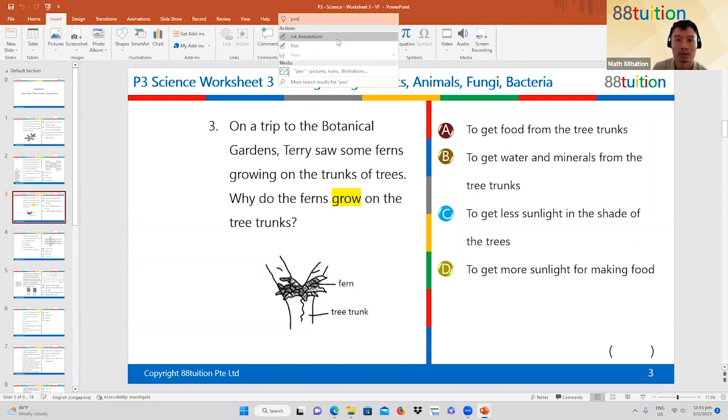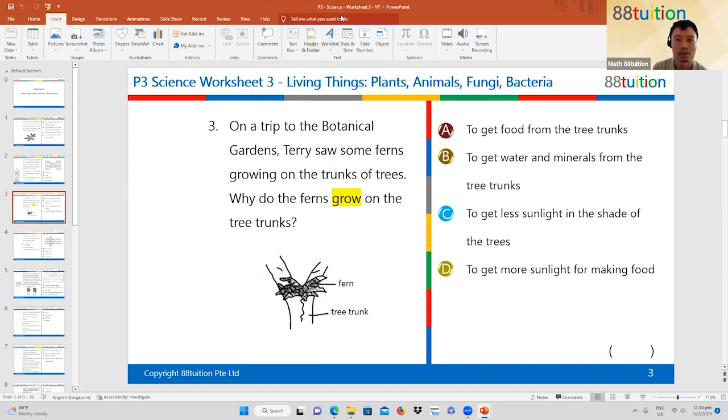Ink annotation. Where is my pen? Headers and footers. Where is it? Add-ons, images, symbols. Text.